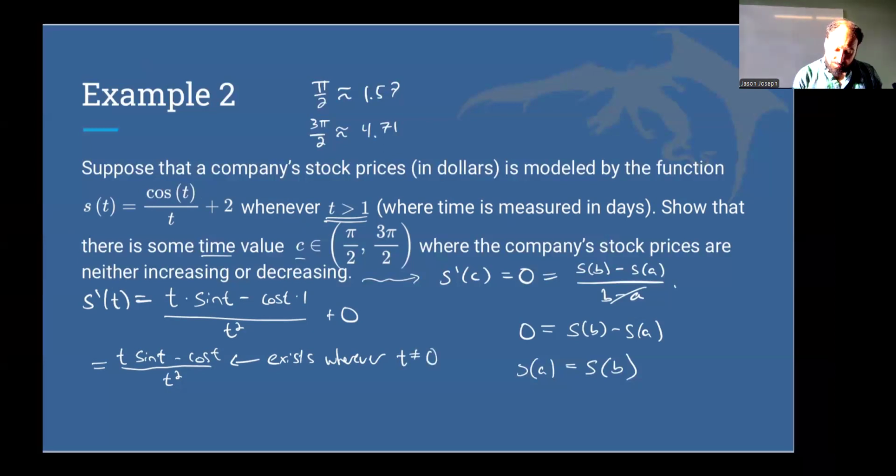So that means that S of t is differentiable on the interval pi over 2 to 3 pi over 2.